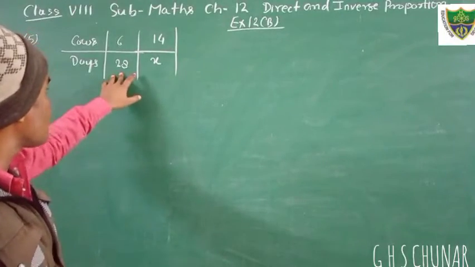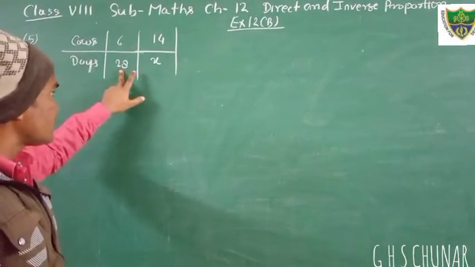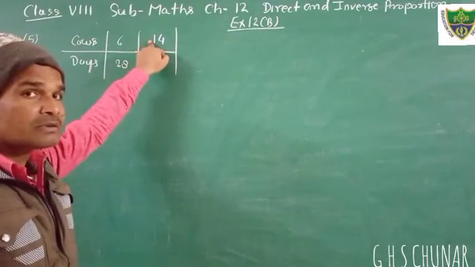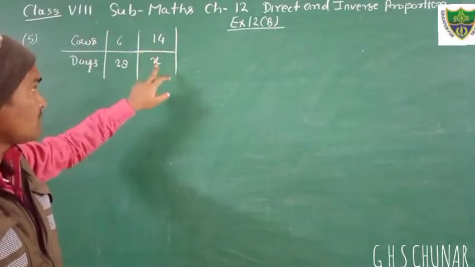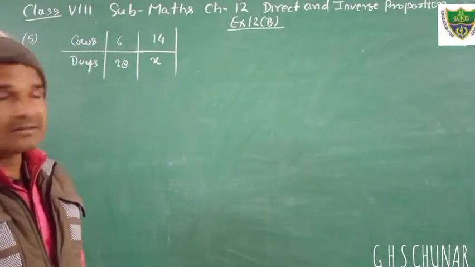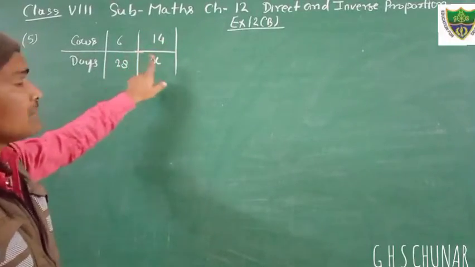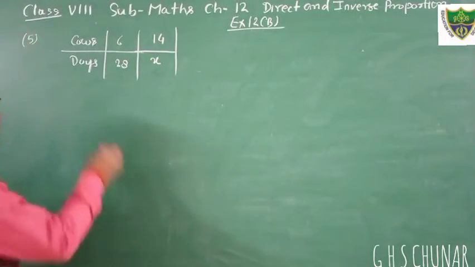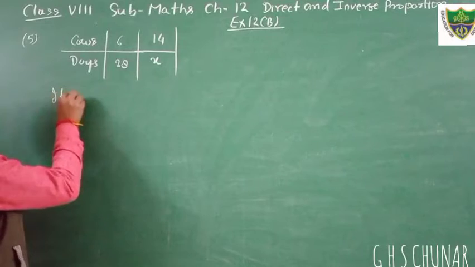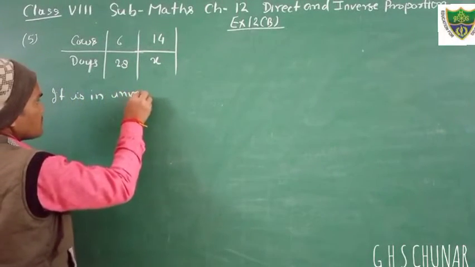Now the number of cows will increase, then the number of days the grass is available will decrease. So when cows are increased, days will be decreased. It is in inverse proportion.